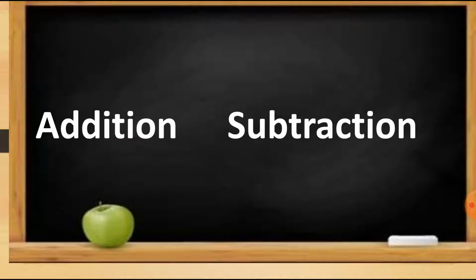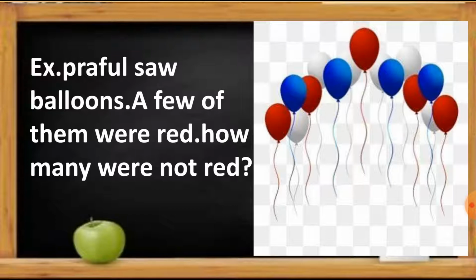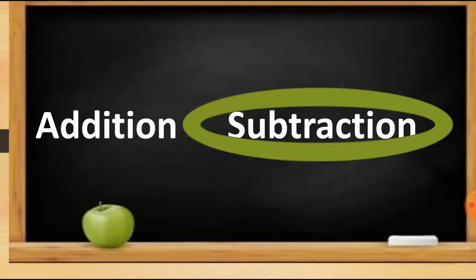Addition means adding the numbers, and subtraction means taking away numbers from the given digits. So here we have to take away the red balloons, so the answer is subtraction.